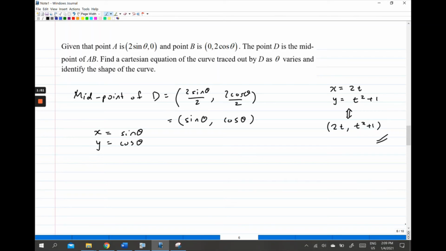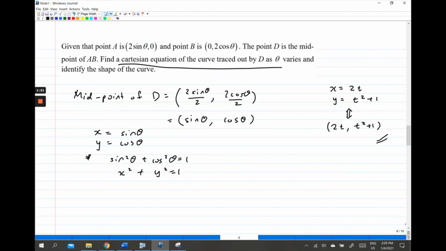In this situation, you need to recall that sine squared theta plus cos squared theta equals 1. Because of that, you can just substitute in your x and y. So this is x squared plus y squared equals 1. With that, you have converted it into a Cartesian form. So we are done with the first part.